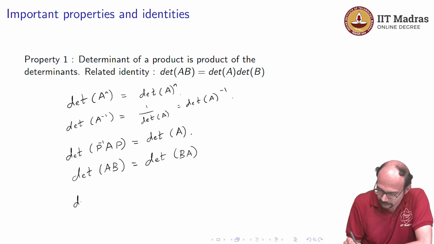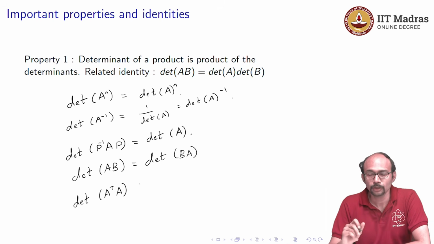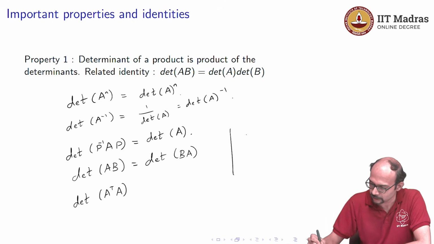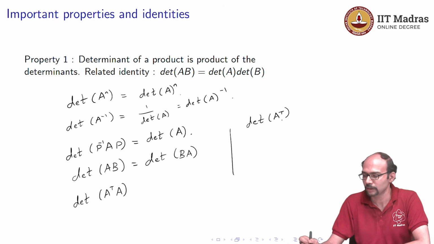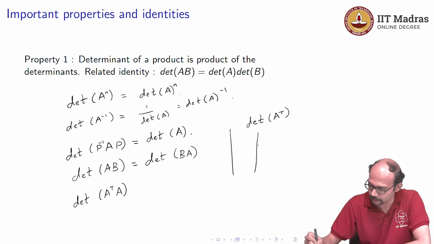Okay, and the final identity that maybe one can write down, so determinant of A transpose A. So maybe before I even do this, I should ask, what is determinant of A transpose? So now, given that we can expand along any row or column, for A transpose, instead of expanding along the first row, we expand along the first column.